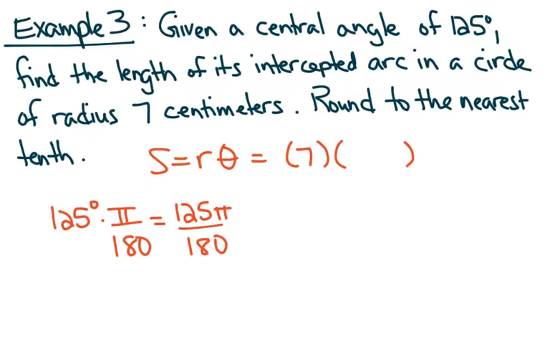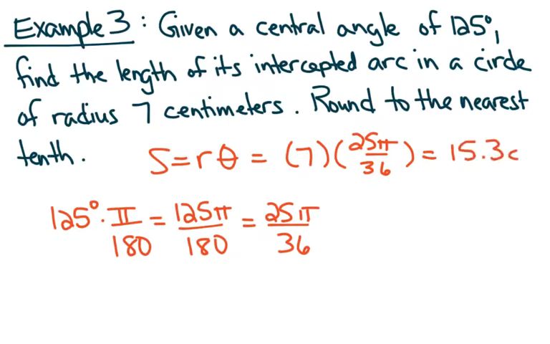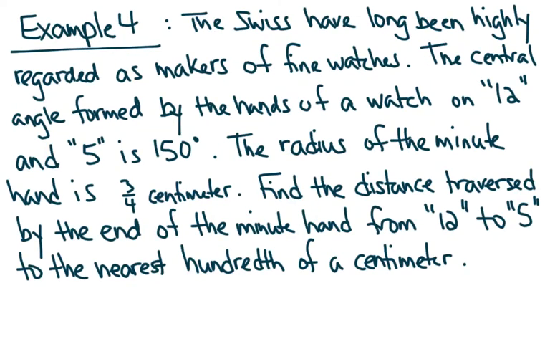And then you're going to reduce 125 over 180 in your calculator and get 25 pi over 36. So now you're going to multiply 7 times 25 pi over 36, and you're going to get approximately, rounded to the nearest tenth, 15.3 centimeters.